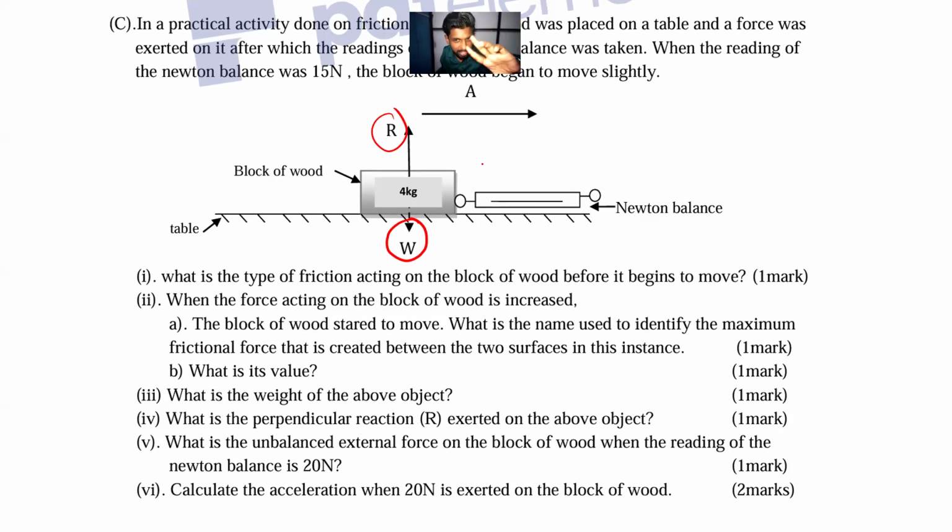Perpendicular reaction means equal and opposite. So if the weight is 40 Newton, the perpendicular reaction R will also be 40 Newton. Why? Equal and opposite, by Newton's third law: every action has an equal and opposite reaction. So R will be 40 Newton. That is what they are asking.